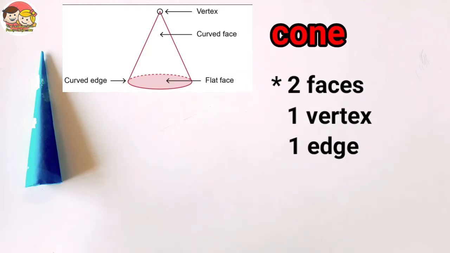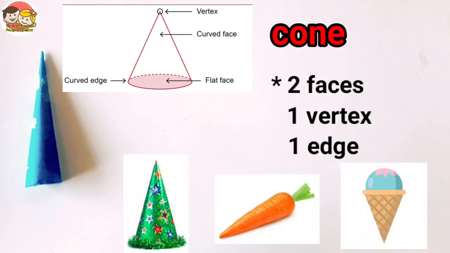So a cone has 2 faces, 1 vertex and 1 edge. Examples of cone in real life are birthday cap, ice cream cone, carrot, etc.